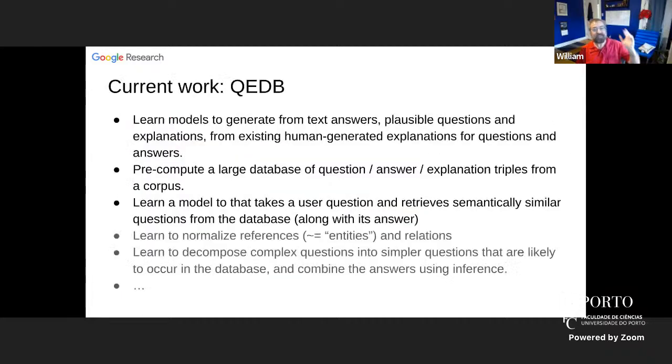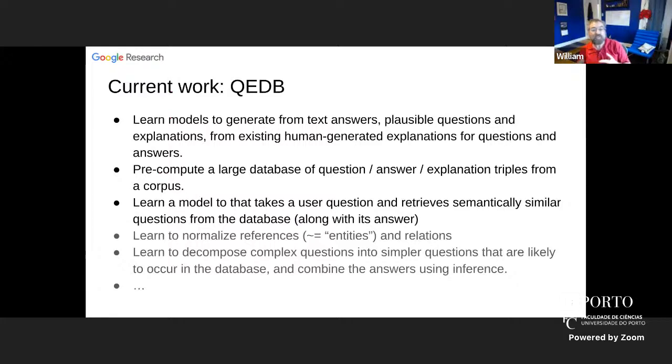I'm going to skip this side point, but this is essentially the current work going on in our group. We want to learn models that generate, from a corpus of unannotated text, answers to questions, plausible questions, and explanations, where the explanations include these knowledge-base-like collections of phrases.